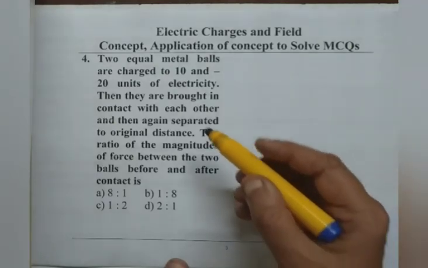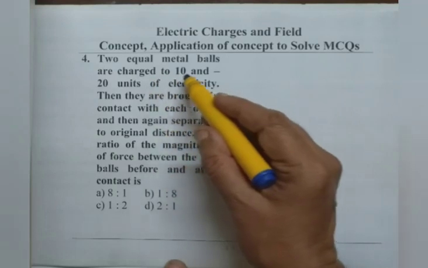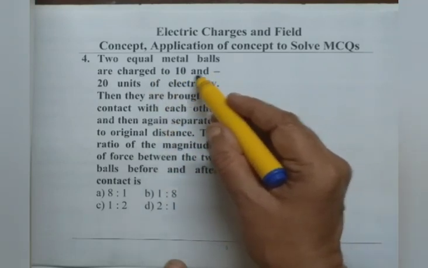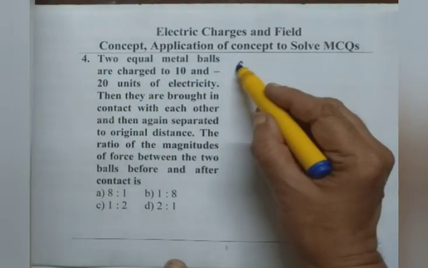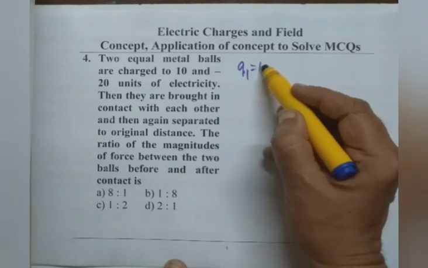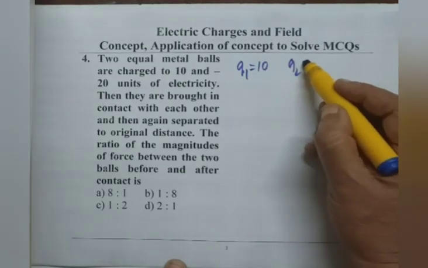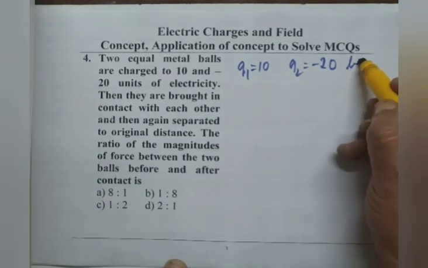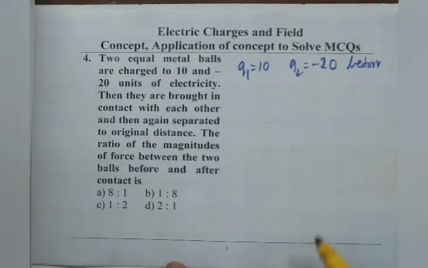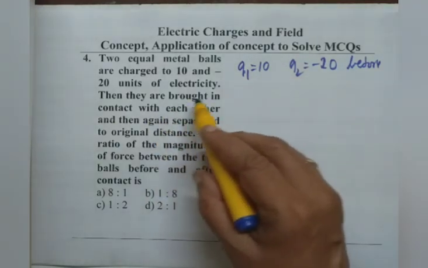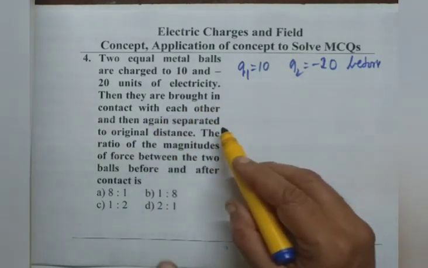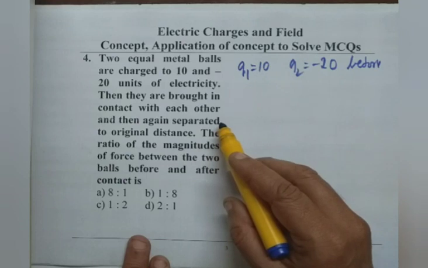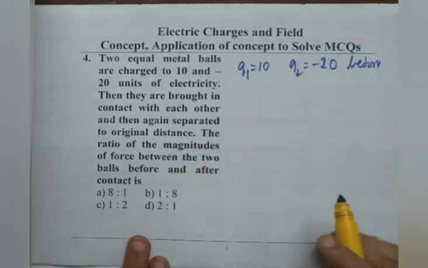Now we go for it. Two equal metal spheres charged to 10 and minus 20. I write Q1 as 10, Q2 as minus 20 before connecting them. Then they are brought in contact with each other and then again separated to original distance.